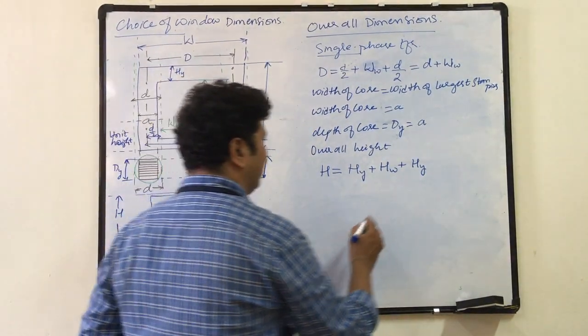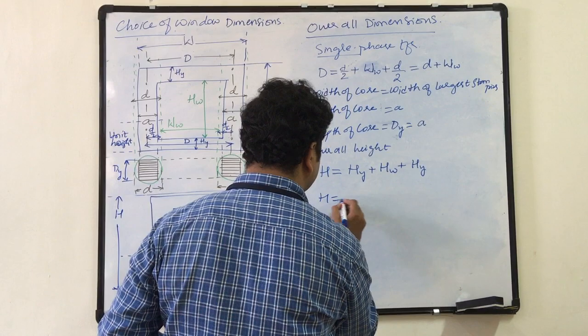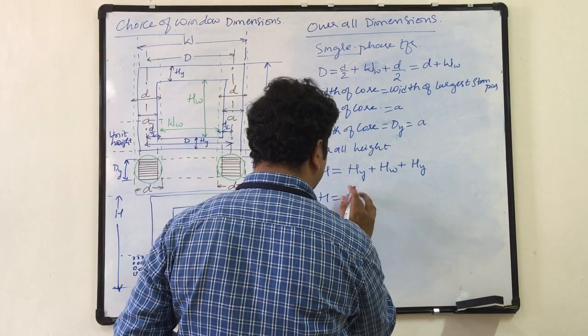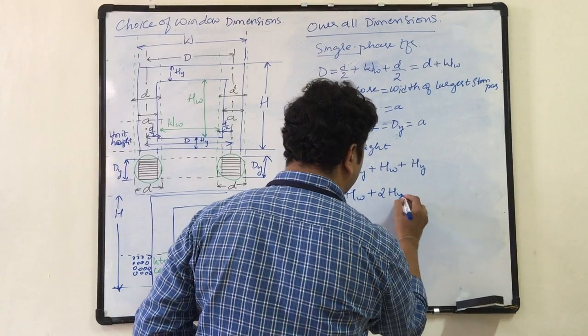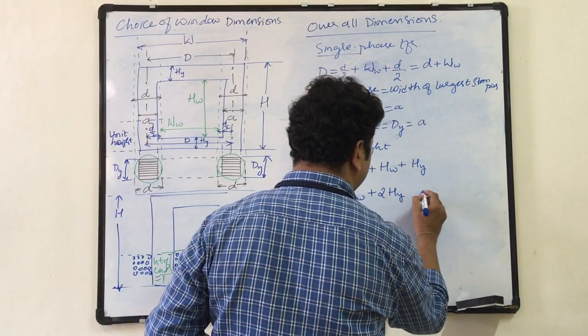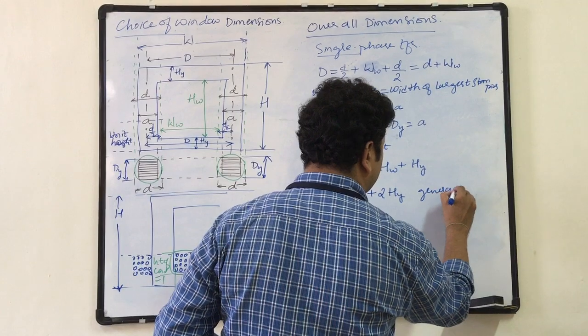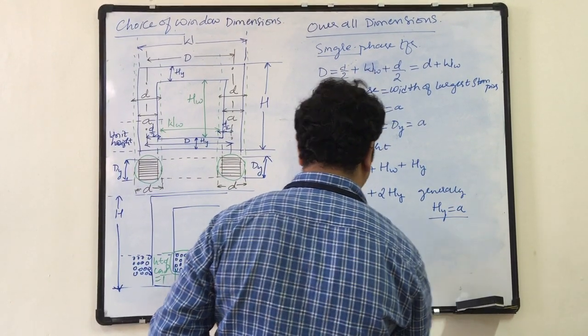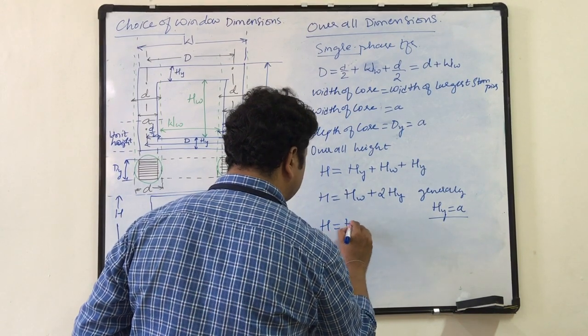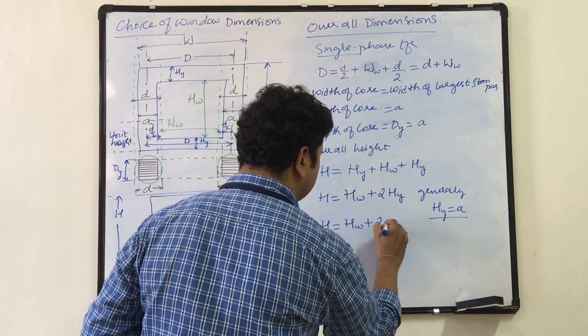That is the overall height. So capital H is equal to height of window HW plus 2HY. Generally HY is also equal to A. So height is equal to height of window plus 2A.